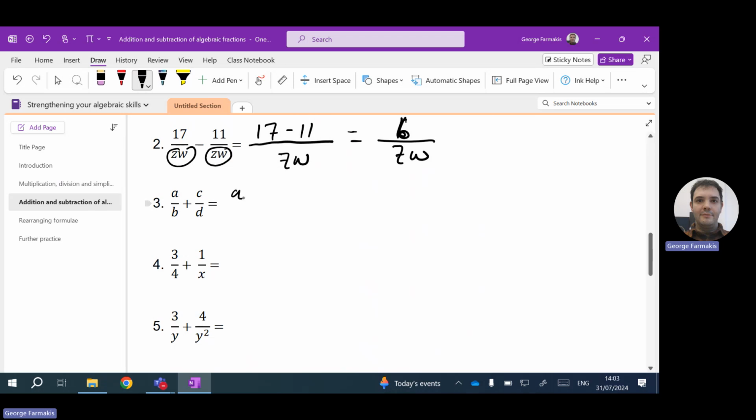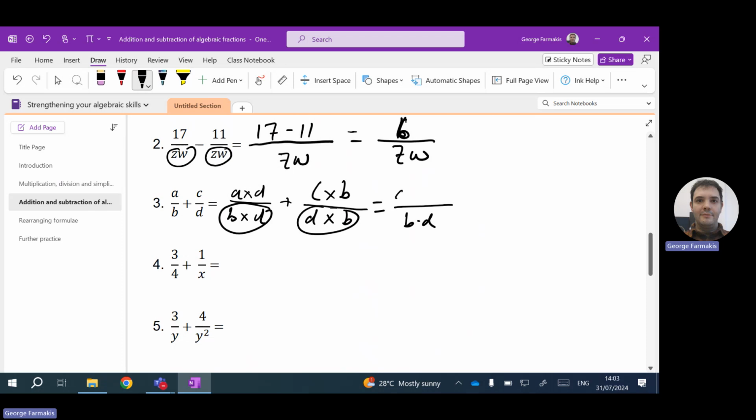So I do a times d over b times d, plus c times b over d times b. I multiply numerator and denominator with b. So now I have the same denominator, I can write it as b times d. And then I just add the numerators, so a times d plus c times b.